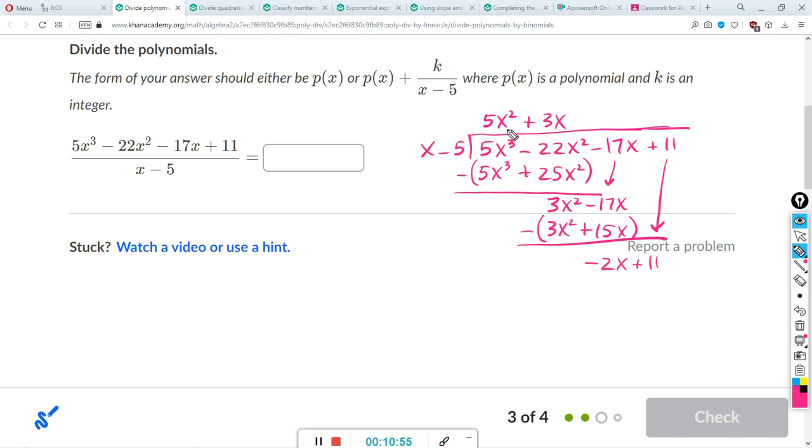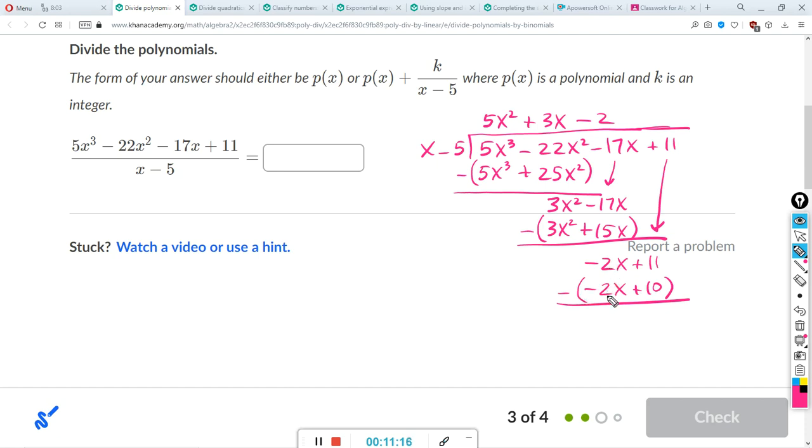Okay, what times x is negative 2x? It's just negative 2, right? Negative 2 times x. Negative 2 times negative 5 is positive 10. Subtract using parentheses.